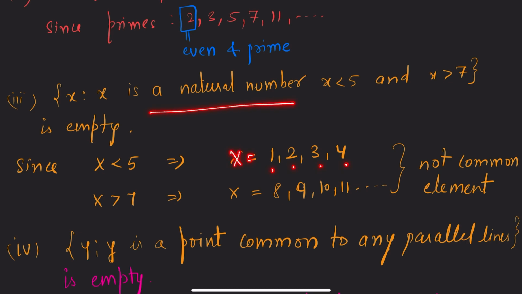And x is a natural number greater than 7, so what is the possibility? x can be 8, 9, 10, 11 and so on. But there is no natural number which is less than 5 and greater than 7. There is no common element. So the set is empty.